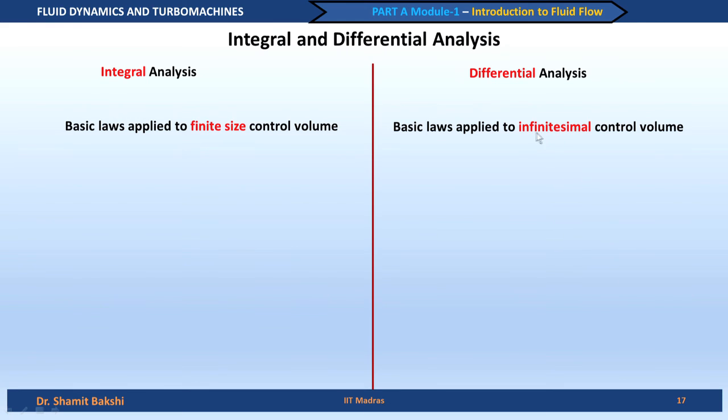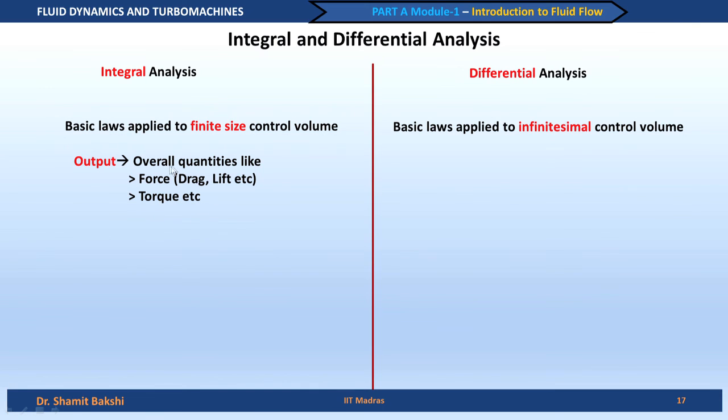What happens due to this different consideration of the size of the control volume? In this analysis, we intend to get output like overall quantities, like the force in terms of drag on a plate or drag on an aeroplane or lift on a hydrofoil, whatever it is, or torque, things like this.